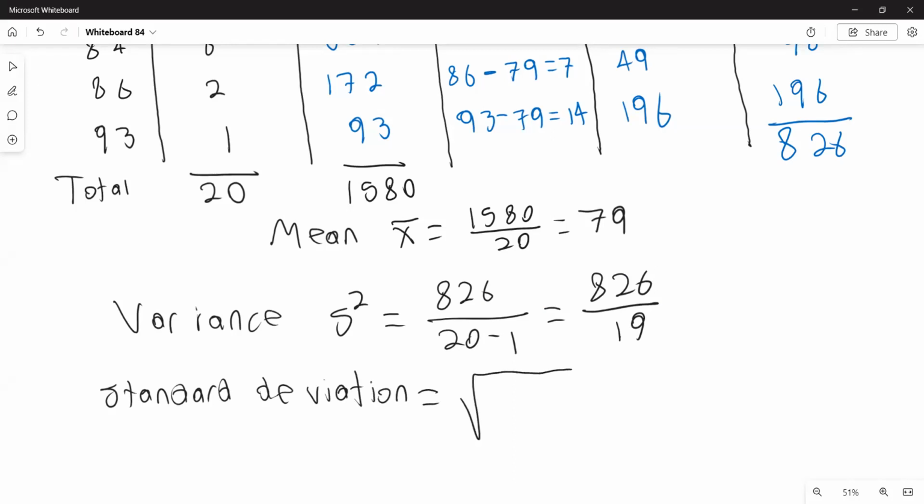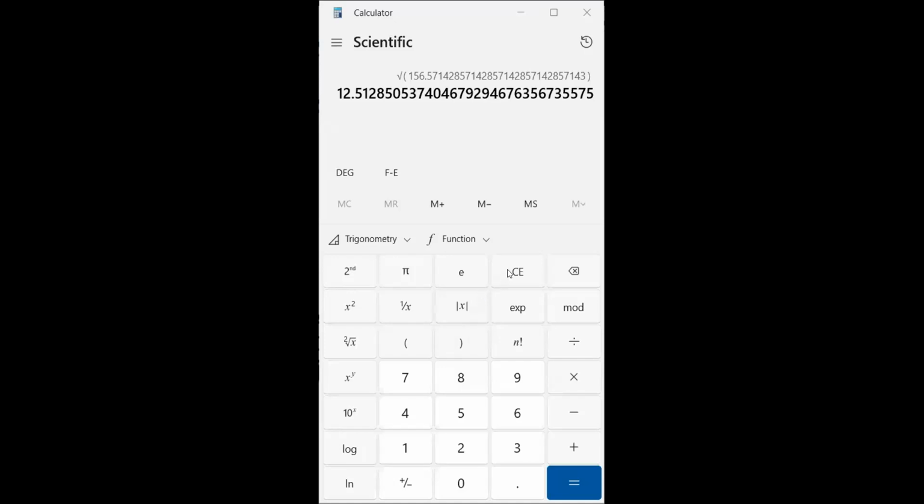So that's the square root of 826 over 19. So let's find that square root. Take the square root, and that is approximately 6.59.